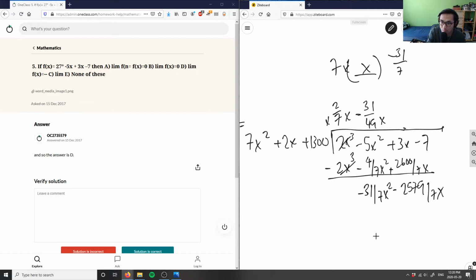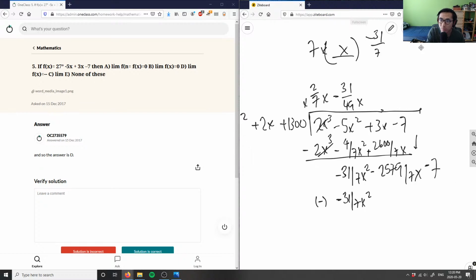So this would give me -31 over 7x squared. And this is going to cancel to 0, obviously. And then let me bring the -7 down here. I have -31 over 49 times 2, which is going to give me -62 over 49x.